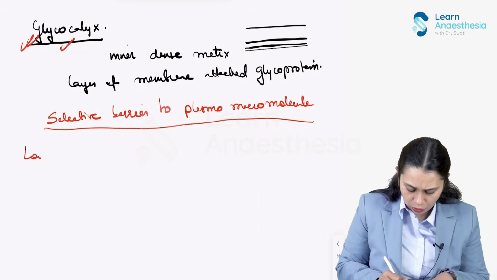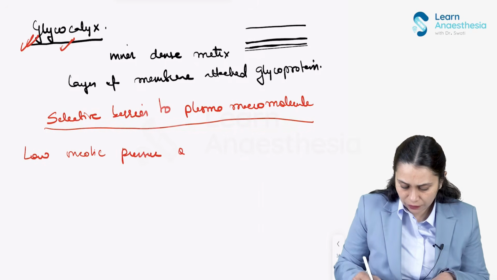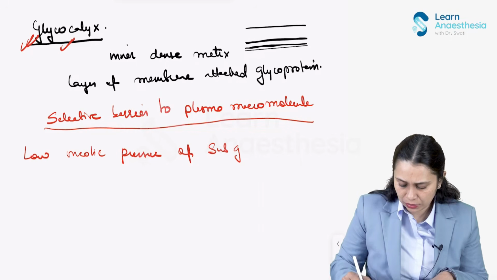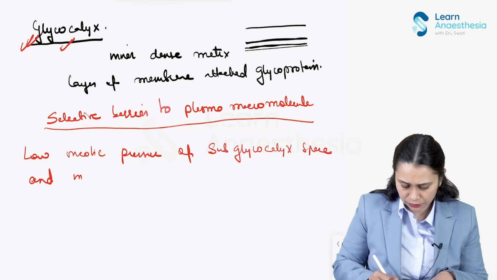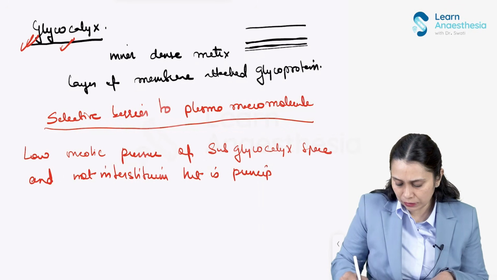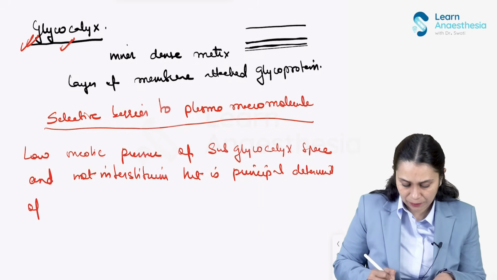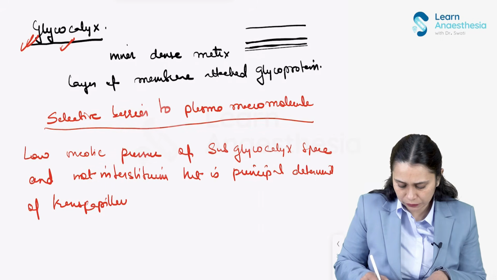So the low oncotic pressure of the subglycocalyx space, and not the interstitium, is the principal determinant of transcapillary blood flow, right?